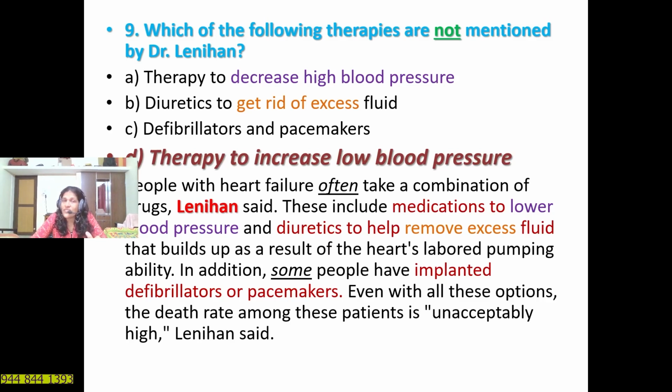Get rid of excess fluid is a keyword, and the pacemaker and defibrillators are keywords, and low blood pressure is also a keyword. So there is no low blood pressure, but lower blood pressure is there. Lower blood pressure is not increase low blood pressure. Lower blood pressure is to decrease the high pressure. So the meaning you need to understand. Hope. Can we move on to the next question? Yes.